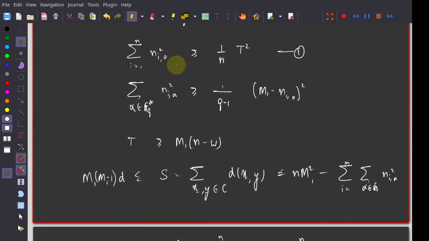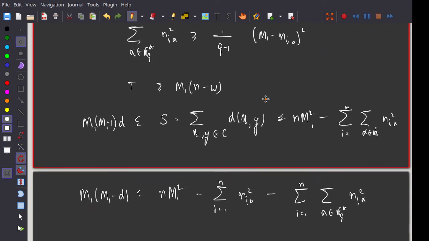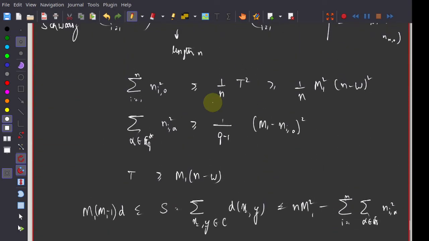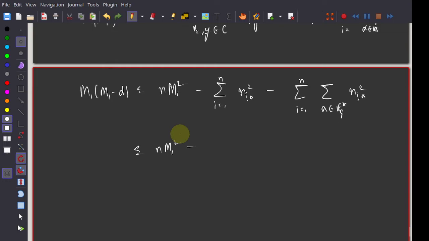So I have a bound for ni0 square, which is 1 over n t square, which again is greater than or equal to 1 over n into m1 square into n minus w the whole square. So this is less than or equal to n m1 square minus m1 square into n minus w divided by n minus summation i equal to 1 to n.